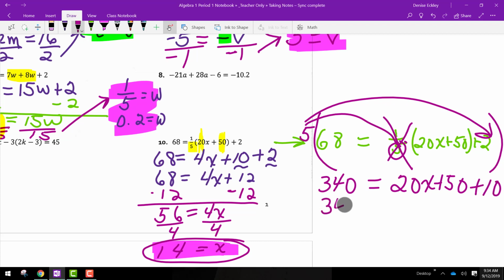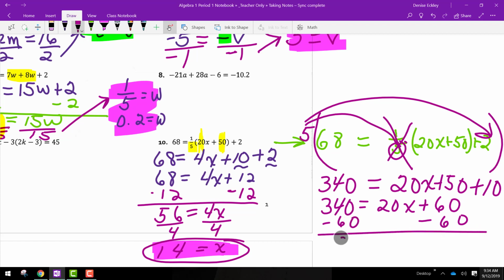So now I have 340 equals 20x plus 60. So I'm going to subtract 60 from both sides. So I have 280 equals 20x, divided by 20, and I get my 14 again. So both ways are correct, and you can decide which way you want to do this.